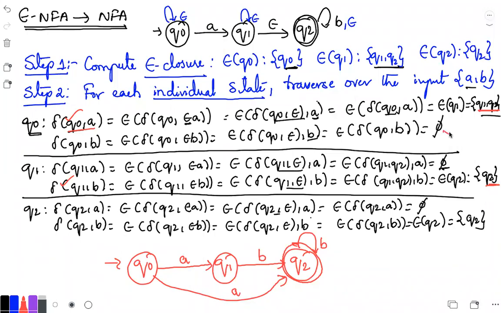Here you should not take the dead state. You can remember the shortcut: DFA dead state, DD. A DFA can have a dead state, whereas an NFA has no dead state. You should not show a dead state for an NFA. So just remember the shortcut: in a DFA, there can be a dead state and multiple final states. An NFA can have multiple final states, but dead states are not allowed.